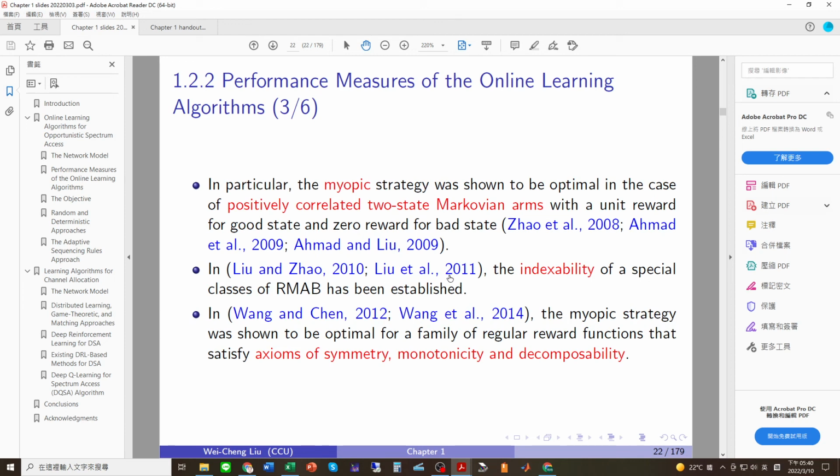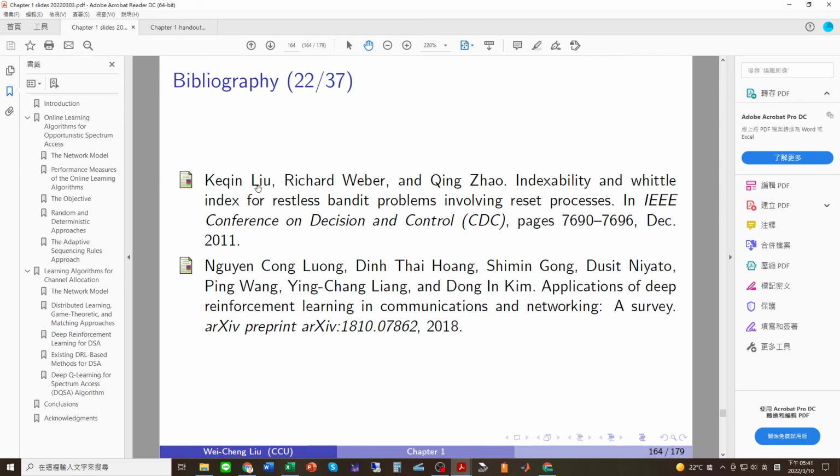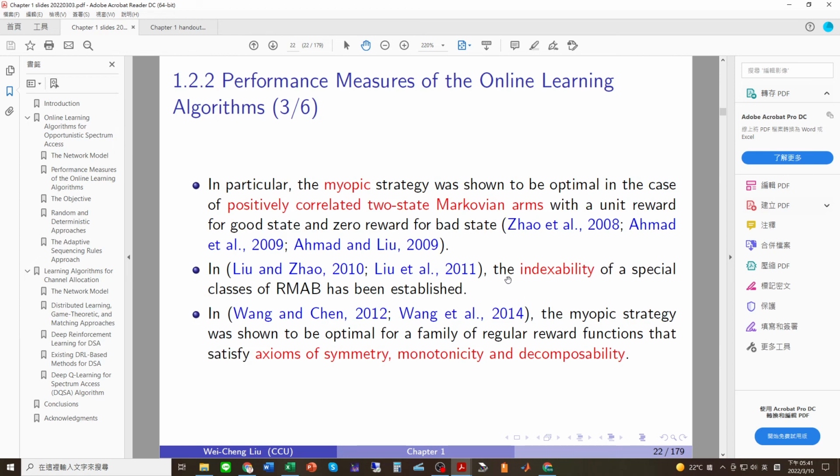And Liu et al., 2011, is a conference paper published in the IEEE Conference on Decision and Control, CDC. The indexability of a special class of RMAB has been established. What is the indexability?